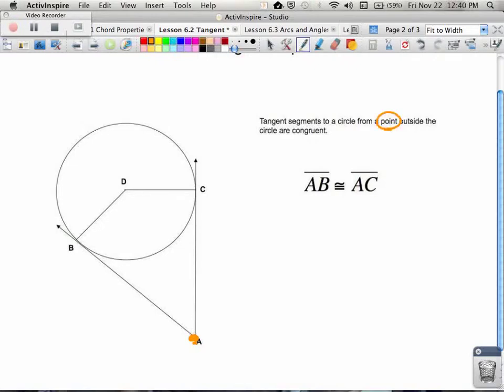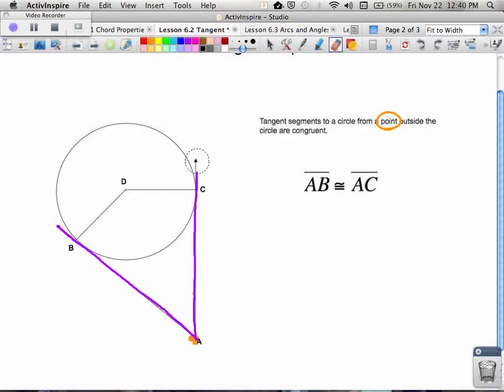And the tangents that I draw from point A, which would be AC and AB, they are talking about the segments themselves.